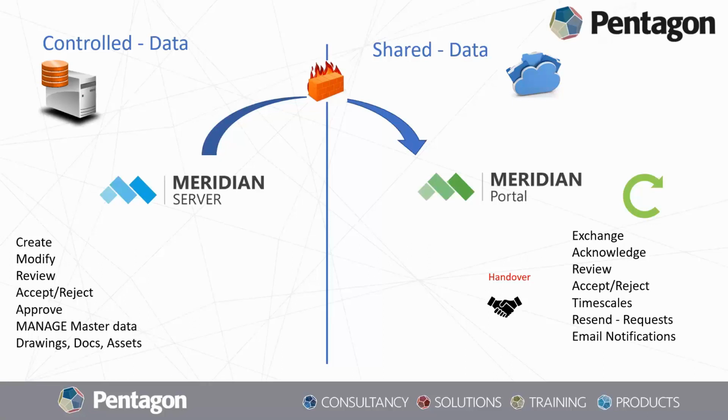Everyone's notified via email, and so all very securely. And then once information or drawings are updated, pushed back up into the portal by the contractor, then it can be pulled back down into the Meridian server by the document controller. Sounds a wee bit maybe convoluted, but it is really, really simple. It's almost instantaneous, and you'll see that from the way Owen does it.